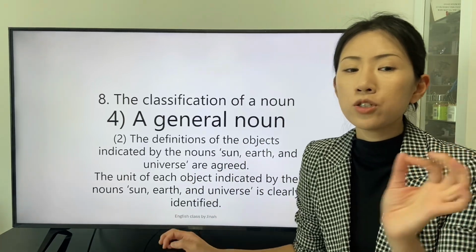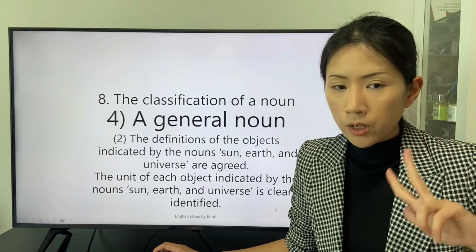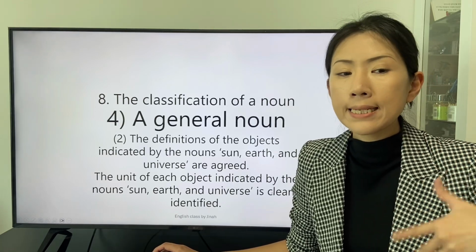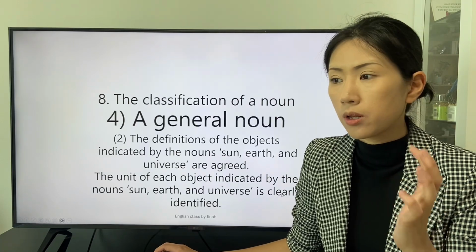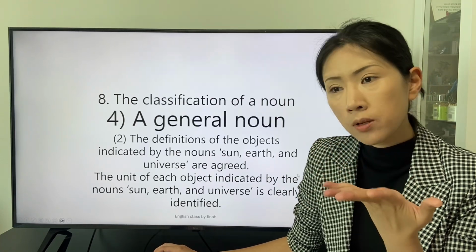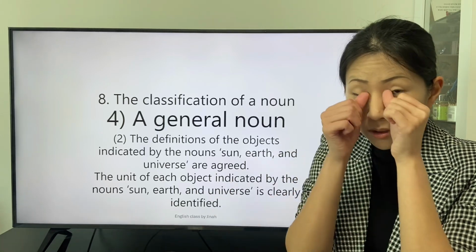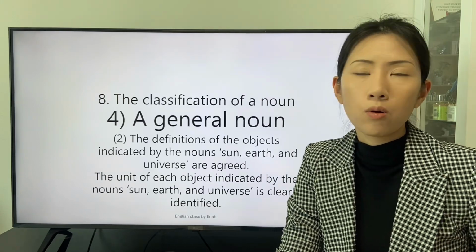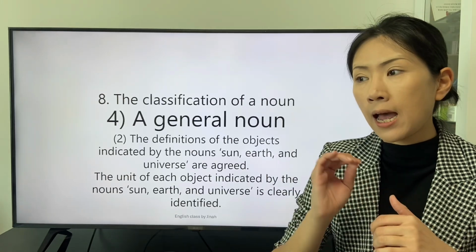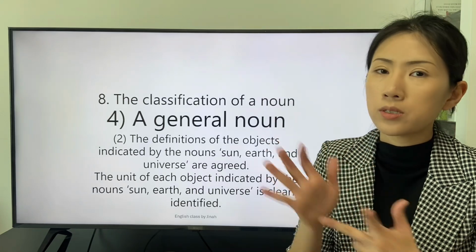The unit of each object indicated by the nouns sun, earth, and universe is clearly identified with the other object. But can you think of the other object indicated by the noun sun, earth, or universe? No. There isn't any other object indicated by the noun sun, earth, or universe.